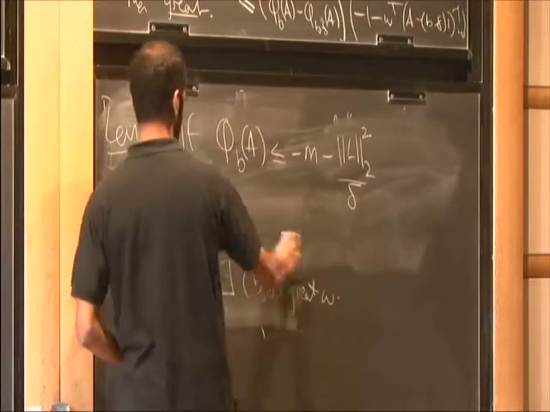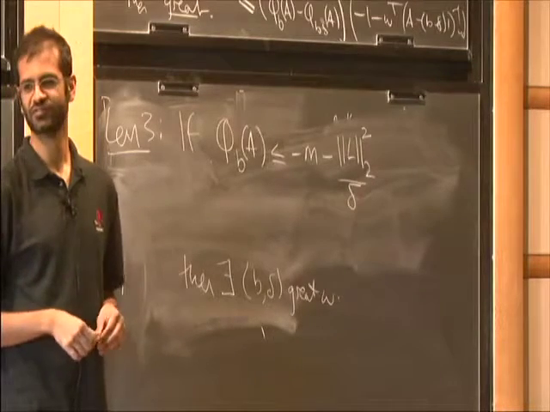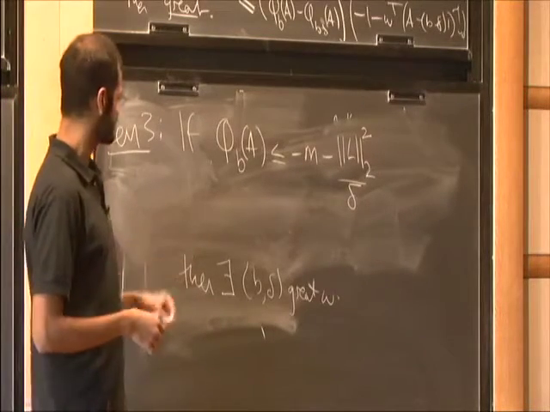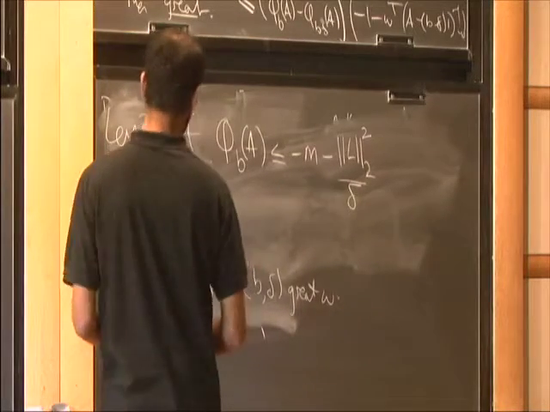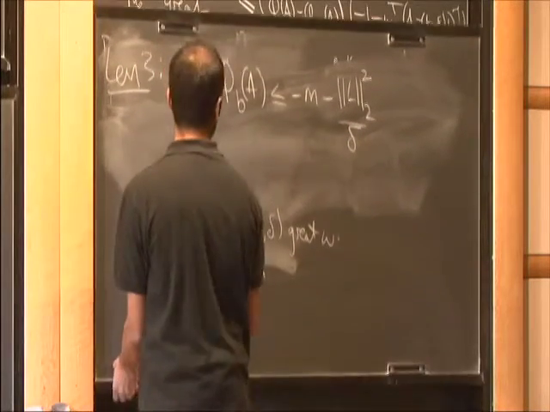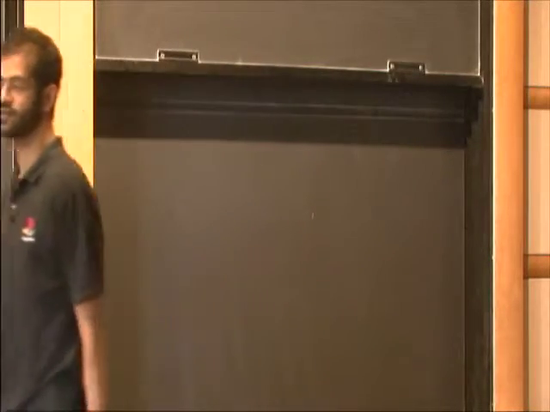Now there's an additional technical condition that I'm going to put here, which will become clearer when we work out the proof of this. Basically this is it. So once I can prove this lemma, I can finish the proof of the theorem by just finding a feasible range of parameters.